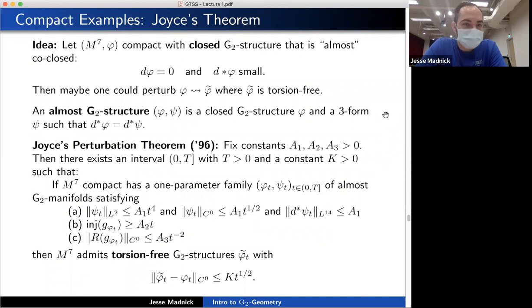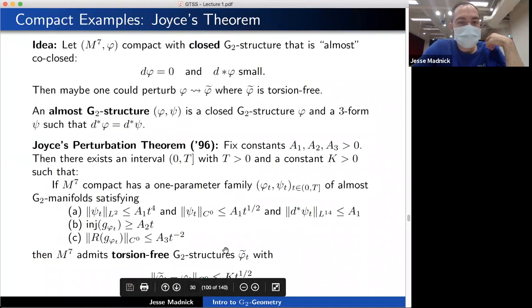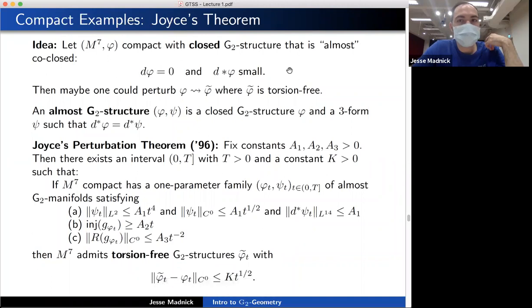If your compact 7 manifold has a 1-parameter family of almost G2 structures, and they satisfy 3 reasonableness conditions, then you can perturb your family of almost G2 structures into genuine torsion-free G2 structures. And these perturbed ones are C0 close to the original ones.